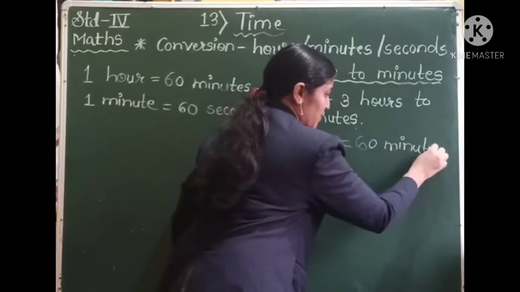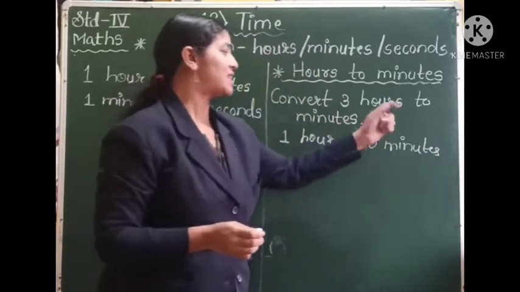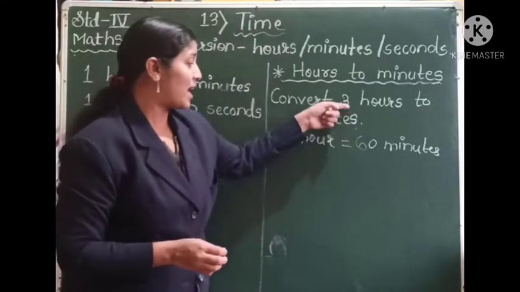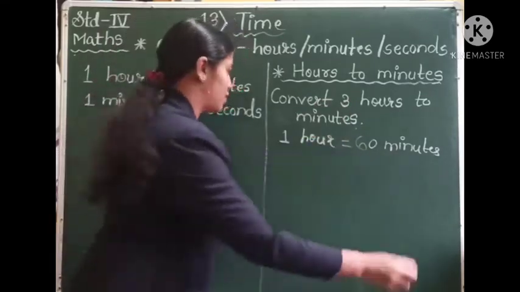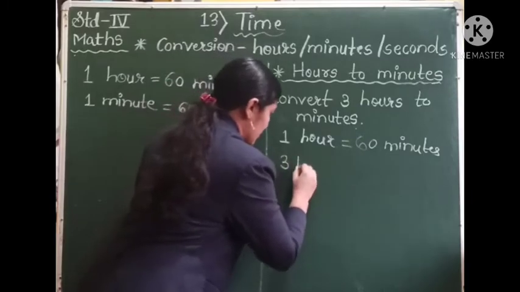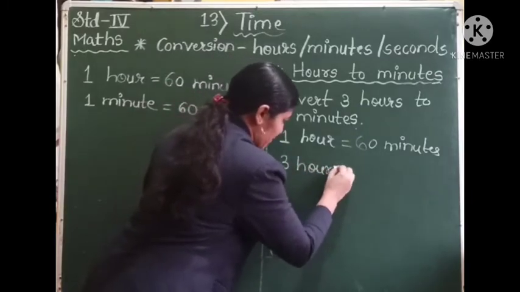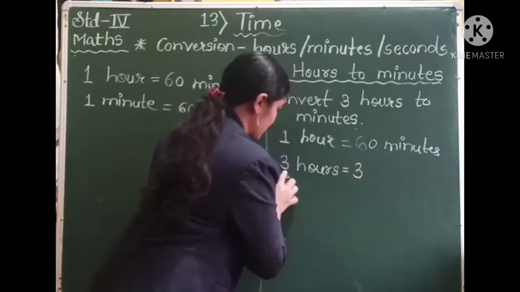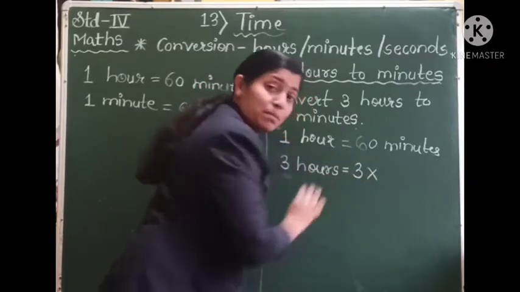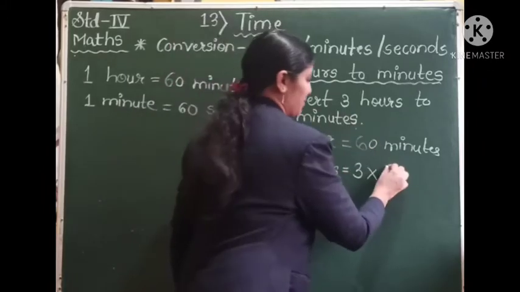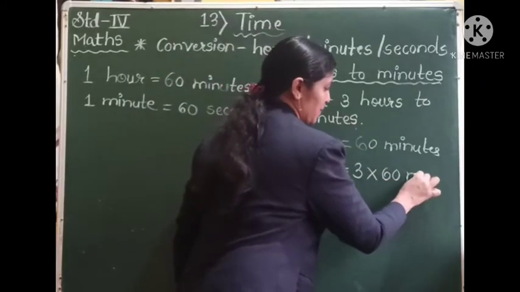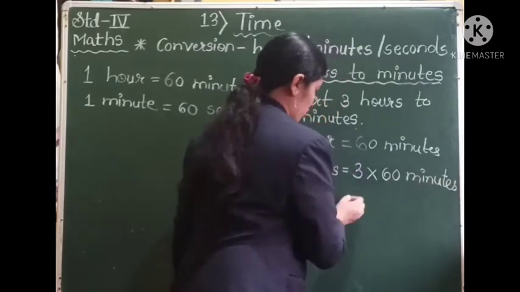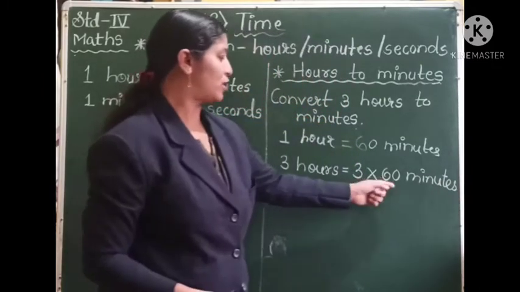So when we convert these 3 hours into minutes, we have to multiply the number of hours with 60 minutes. So 3 hours is equal to 3 multiplied by 60 minutes. Right students? So here you have to follow the multiplication.